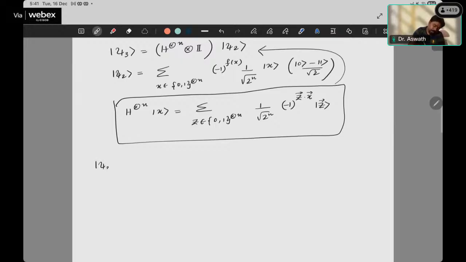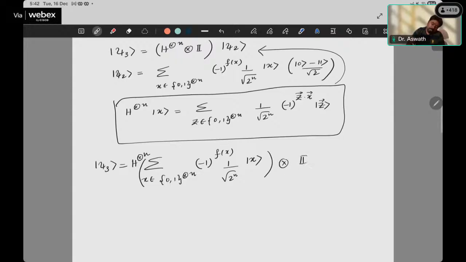Psi 3 is the summation over x belongs to 0,1 tensor n of minus 1 to the power of f of x, 1 by square root of 2 to the power of n, with Hadamard acting on this part, tensor identity acting on the ancilla part.